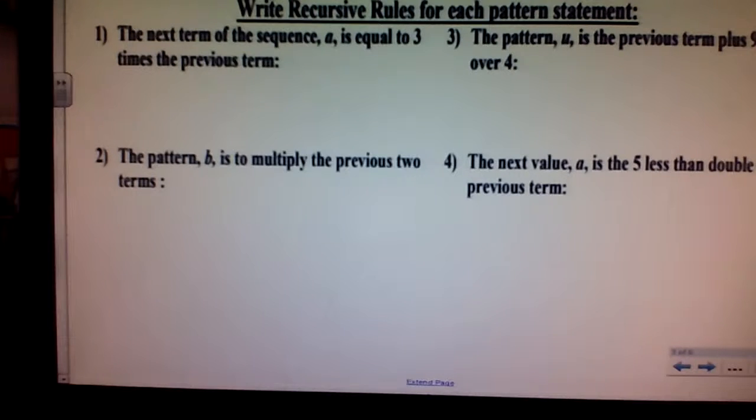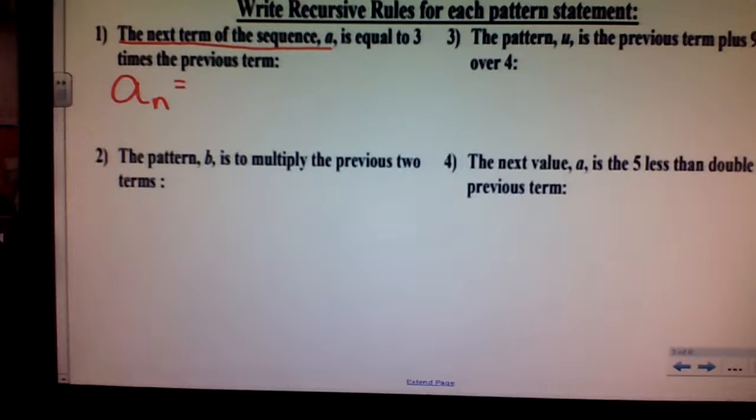All right. So we want to find the next term of the sequence A. So I'm trying to find sequence A, so we're at A sub N. That's this part of it.